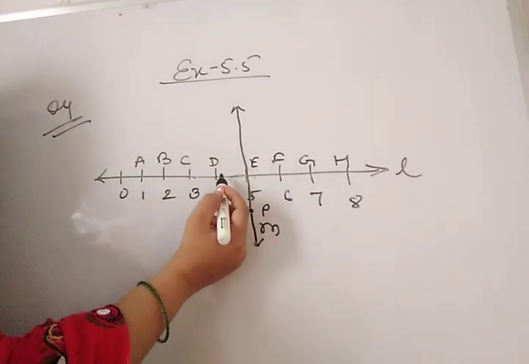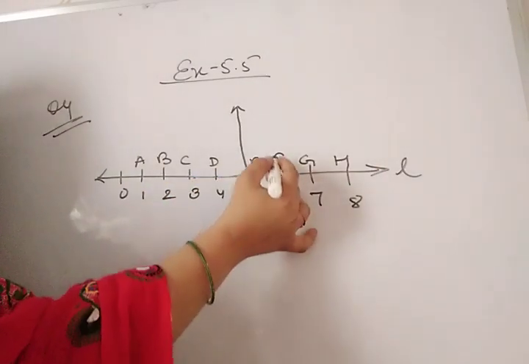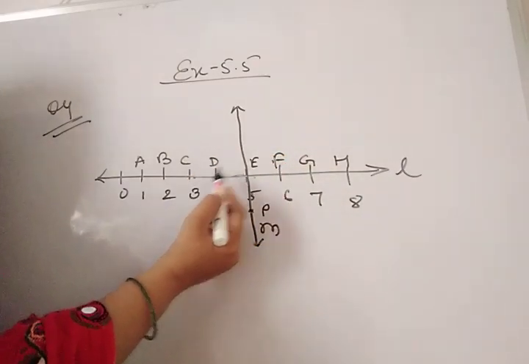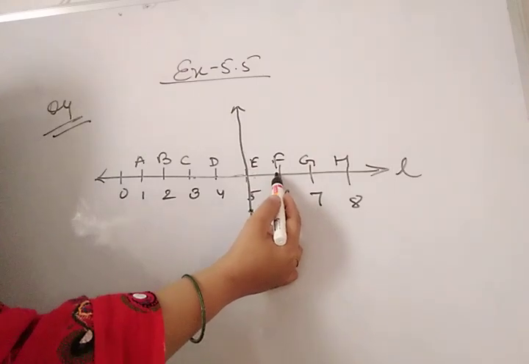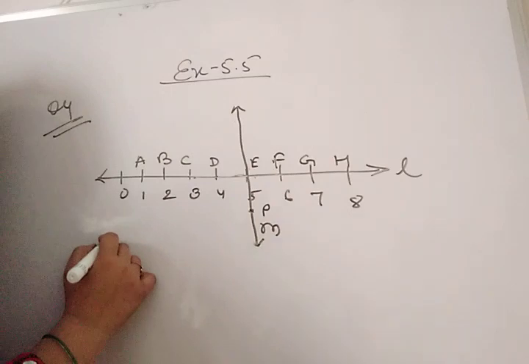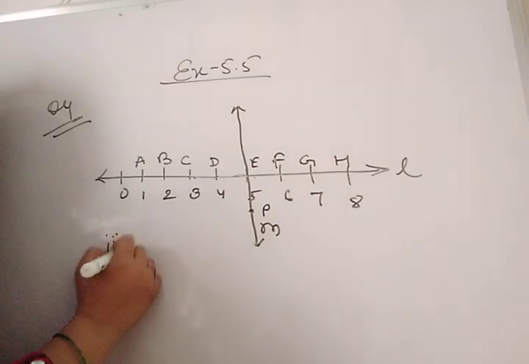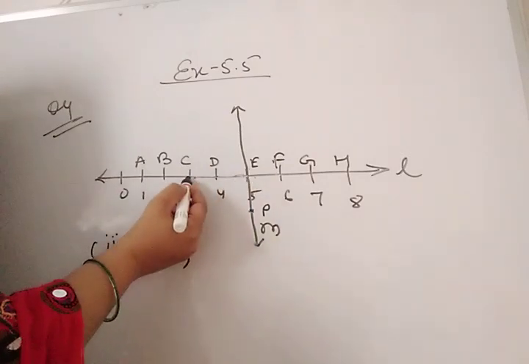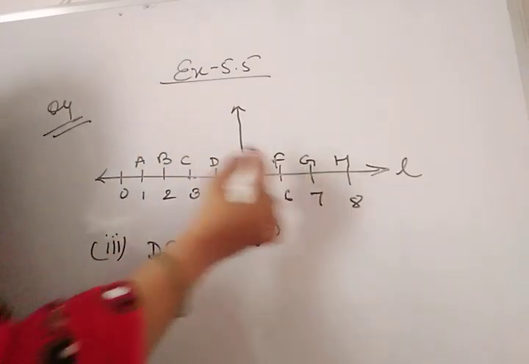PE is the perpendicular bisector of DF. You move 1 unit left-hand side and 1 unit right-hand side. So what line segment will you get? DF. Okay. Now you move 2 units left-hand side and 2 units right-hand side.